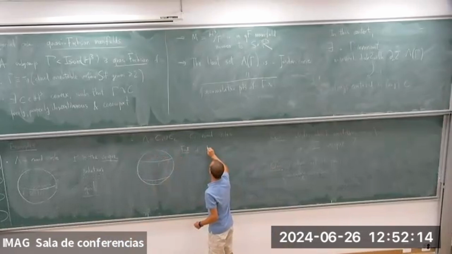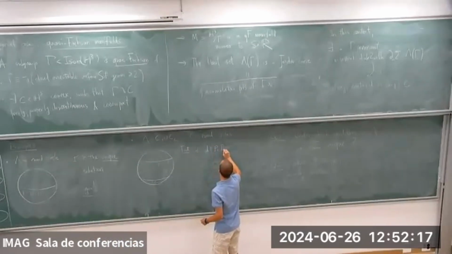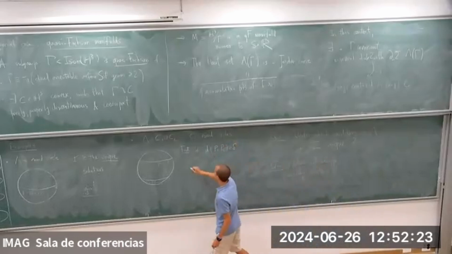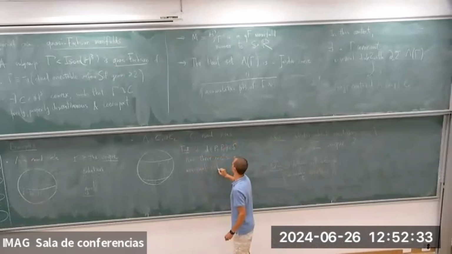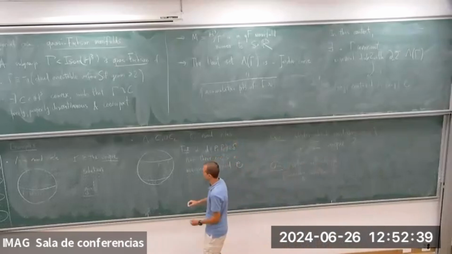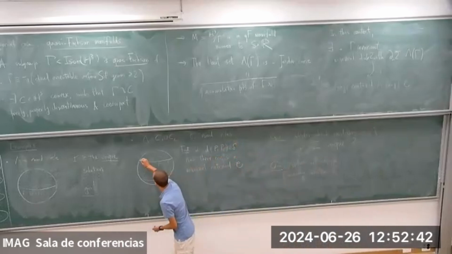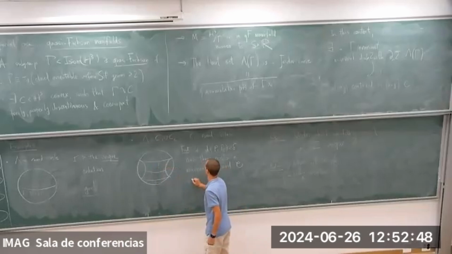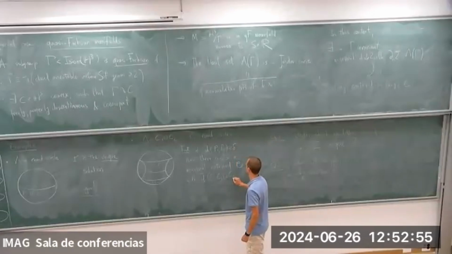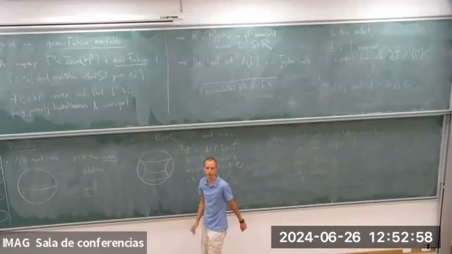So if the distance between P1 and P2 is less than some constant delta, which I don't remember, it's a universal constant, then there exists a minimal catenoid, calligraphic C, which looks something like this, with asymptotic boundary of this minimal catenoid equal to the disjoint union of C1, C2. Maybe I don't want to call this lambda. I will use lambda for Jordan curves.